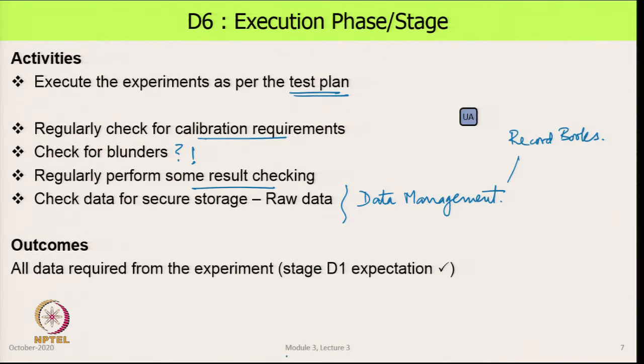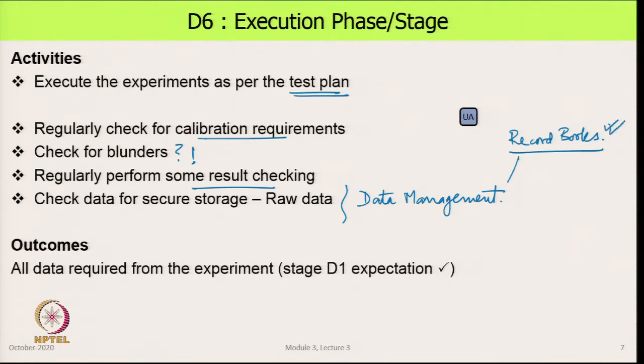It is a good practice, and I strongly recommend that every experimenter should have a notebook in which they write, day to day, every day, what happens, what they did. If something went wrong, they should write that something went wrong and keep it there in the record book, because 2 years later, when you go back to data analysis and ask, what did I do that day, the only confirmatory thing that you can get is from your record book.